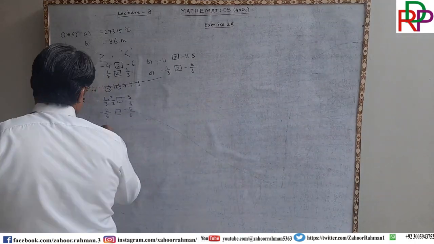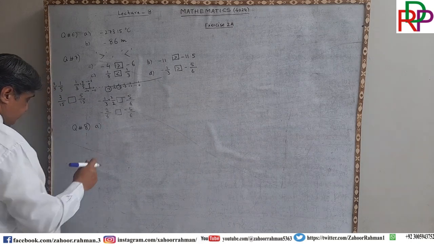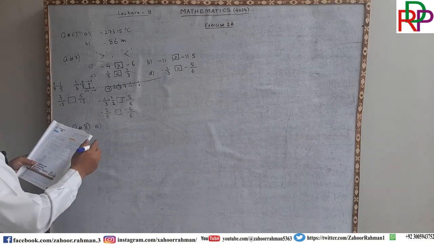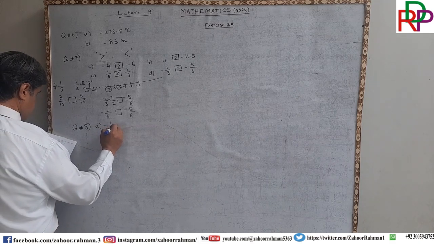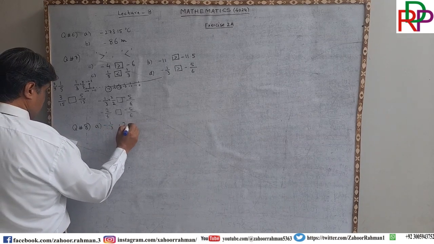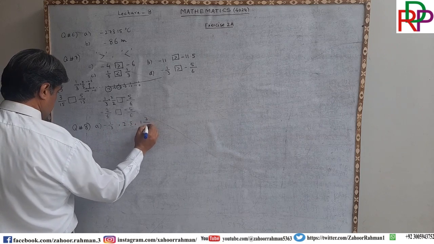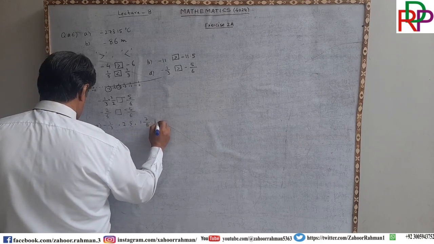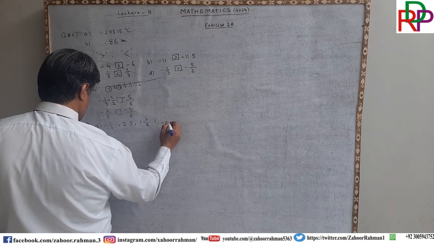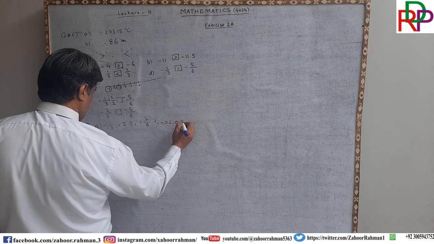Now A part is saying that there are many numbers given to us: minus 1 over 3, 2.5, 1 whole 3 over 8, 1, minus 0.2, and 0.11.